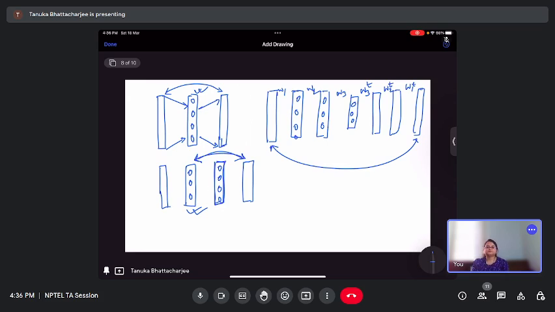Okay. Madam, for all this image classification, image recognition, image segmentation, clustering, for everything we have to use non-linear activation functions only?